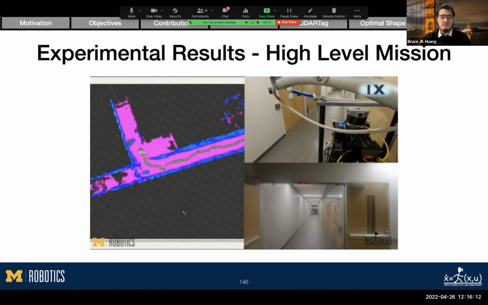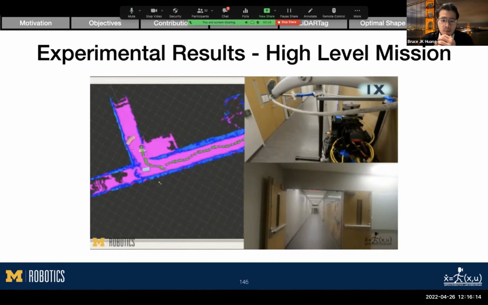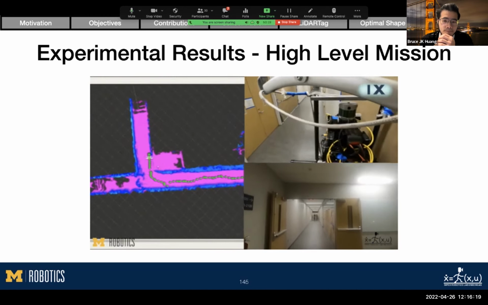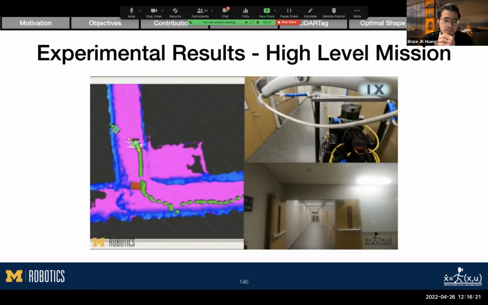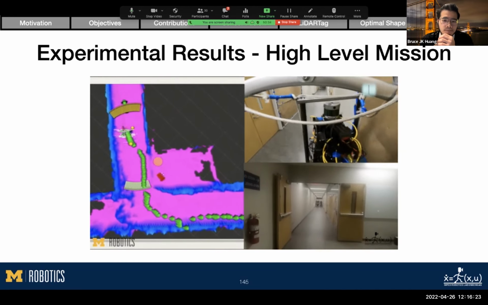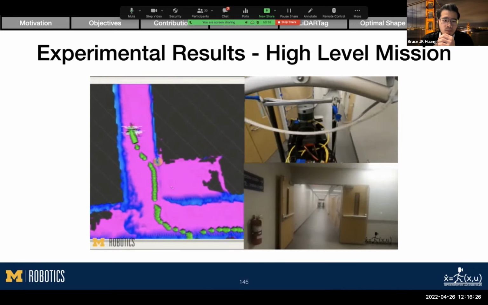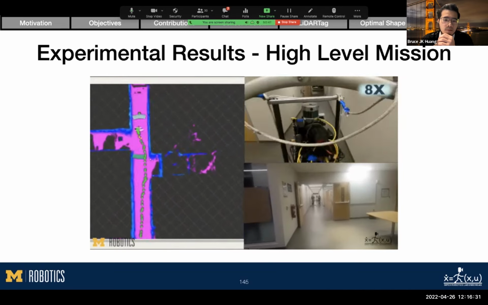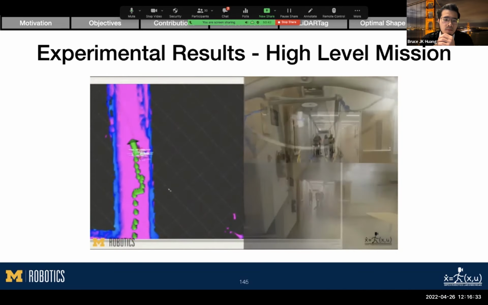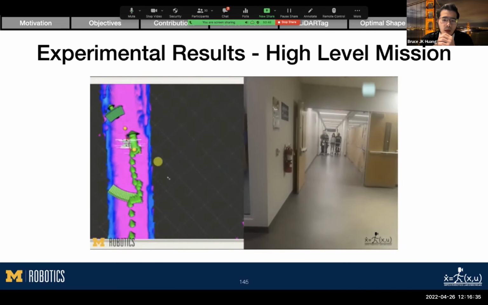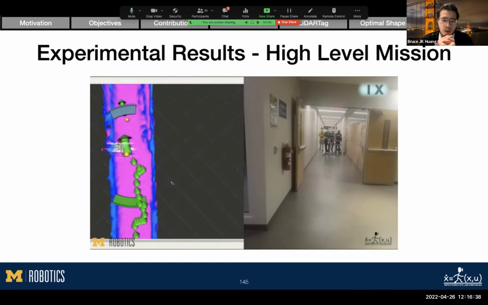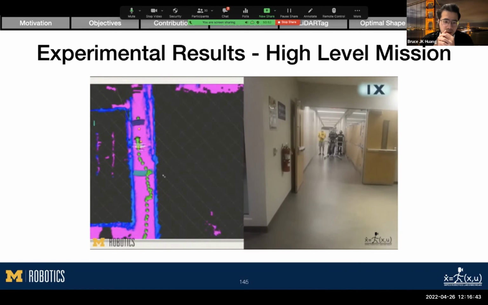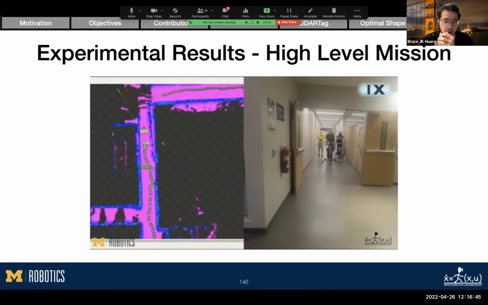And this is the last corridor. And here the robot actually hit the wall a little because the motor failed, and the planner successfully guided it back to the center of the corridor.